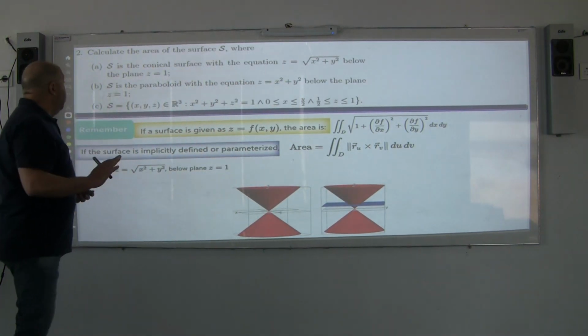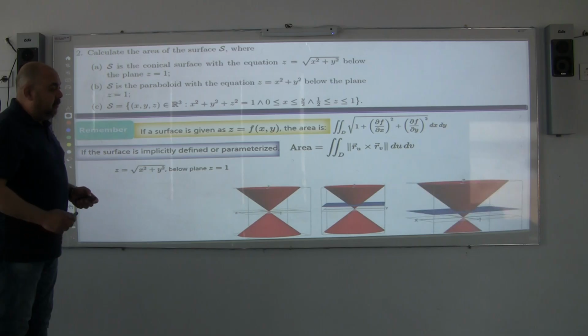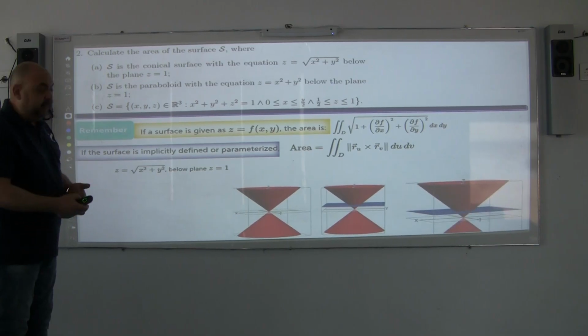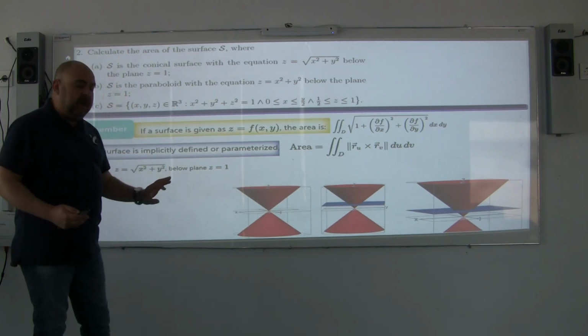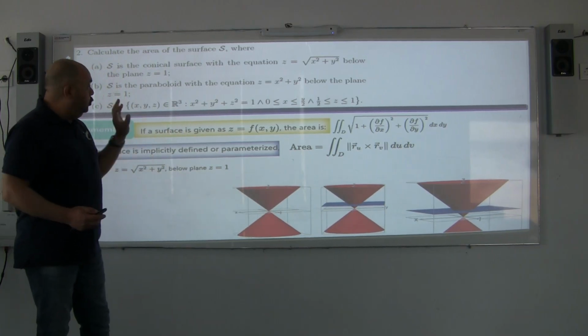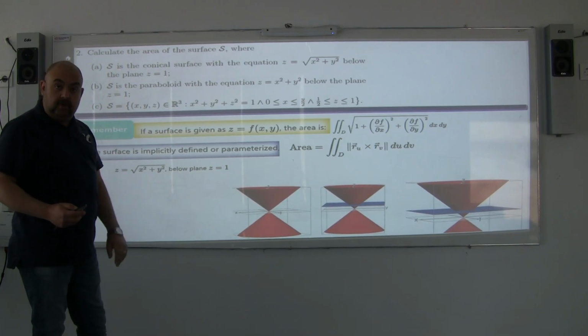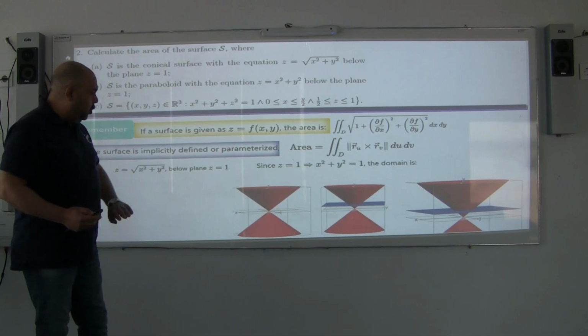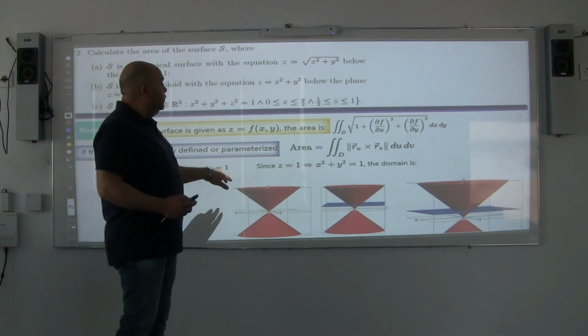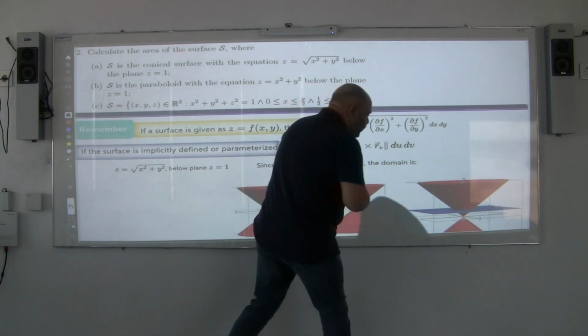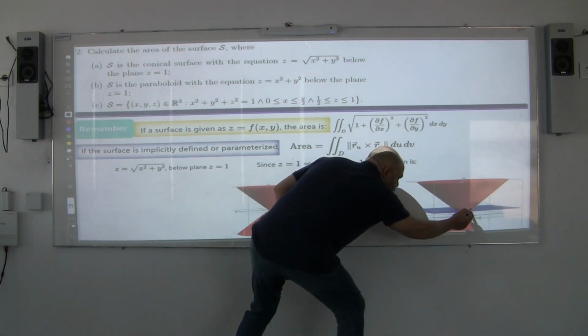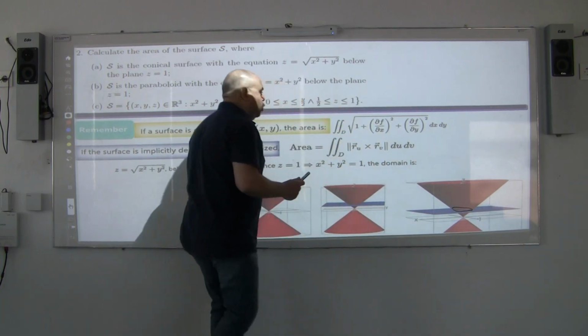So now I'm ready to evaluate my integration, as you can see. That's the cone, that's the plane, the intersection, and I need to do the surface integration on the given domain. So all I have to do now is just determine the disk, or the intersection here, which is going to be a circle or an ellipse.